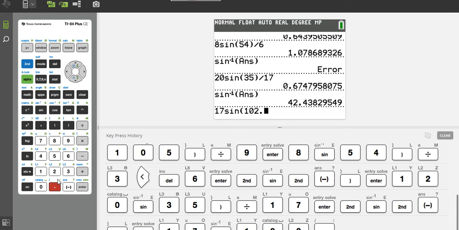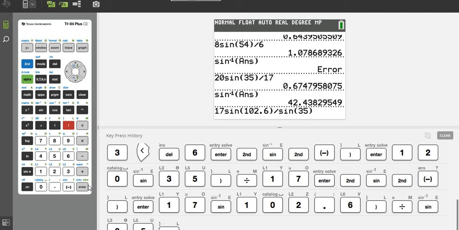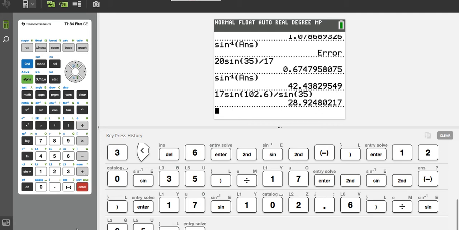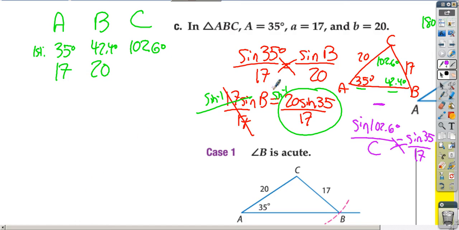So 102.6, and then we will divide that by the sine of 35, and this should give us side C, and it's 28.9, which makes sense. C is the biggest angle, so it should also have the biggest side. So 28.9. Okay, so this is our first triangle.